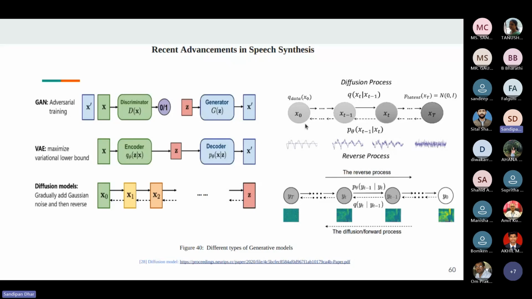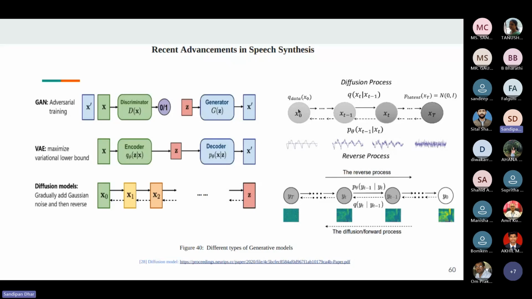Whereas diffusion works quite differently from GAN, because it takes the data which is already in a multimodal distribution, the actual data X naught. Then it keeps on adding noise. The intensity of the noise keeps on changing based on the exact timestamp t at which you are adding it.